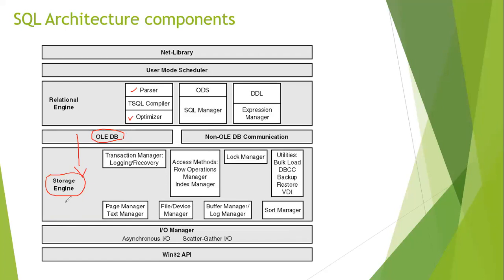For example, if you have a Java based application and you want to connect to SQL Server, you will use JDBC. If you have a .NET application, you use a .NET framework based provider. The same thing within SQL Server: the relational engine and the storage engine communicate using the OLEDB provider.